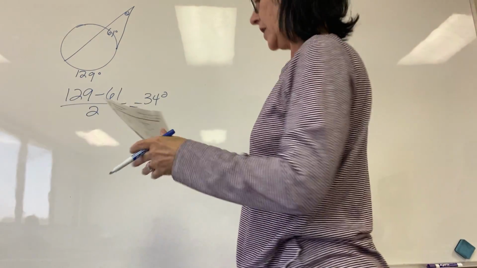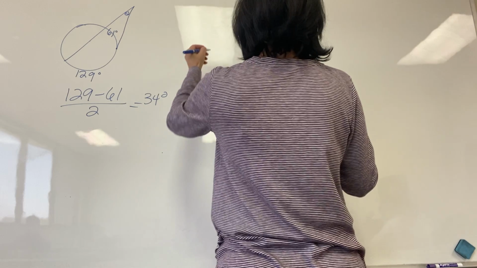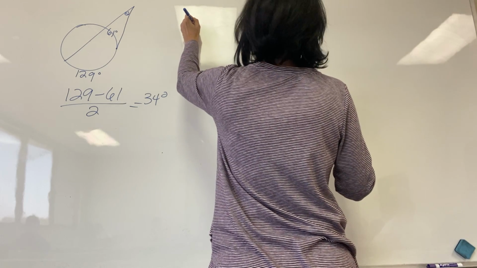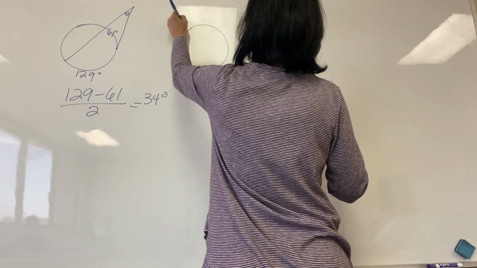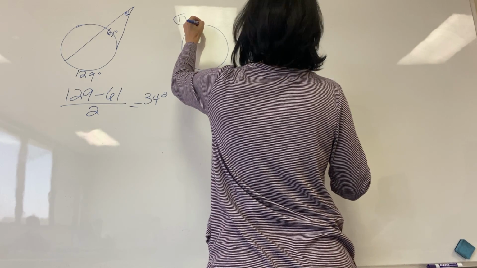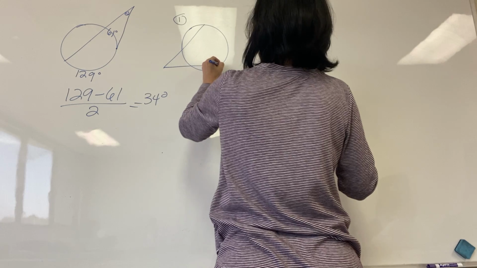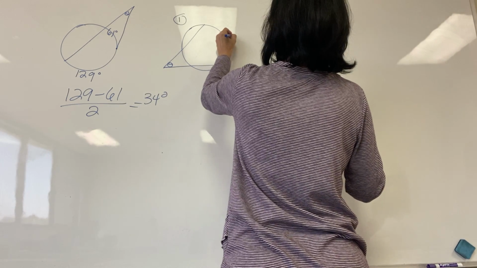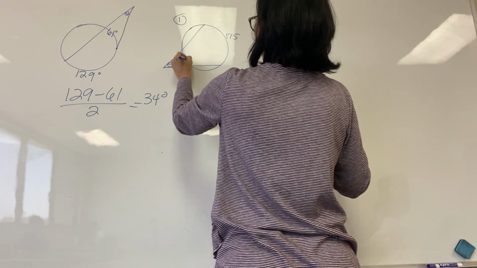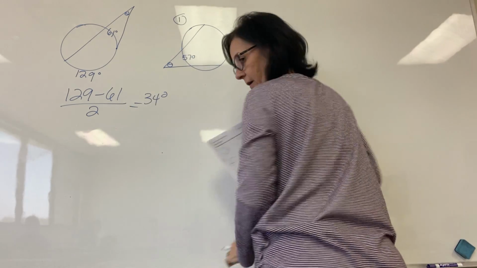All right, let's do just a few more. I want everybody to work on these. After I draw them, we'll label this one number 1. We're solving for theta. All right, start solving them.